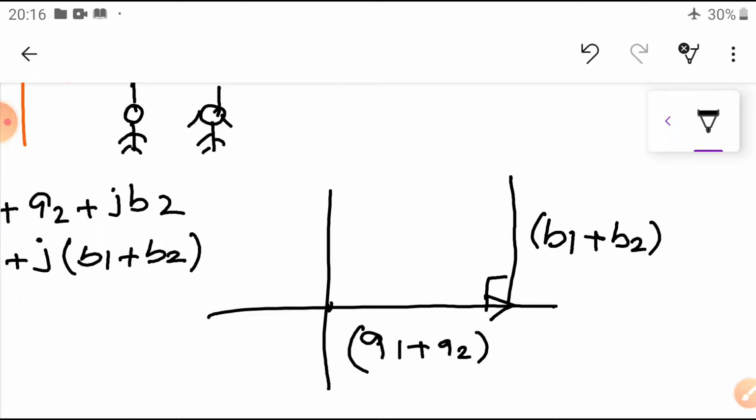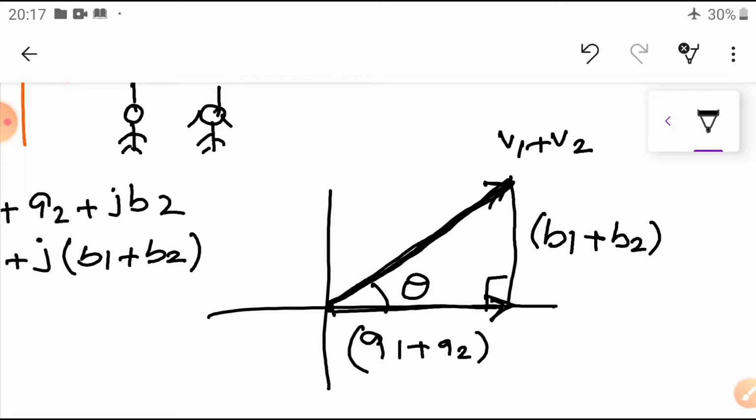Now, the resultant, girls plus boys, is V1 plus V2, the resultant voltage. Now, what is the angle? This is theta. Then I want the magnitude of V1 plus V2 in terms of the real axis and the imaginary axis.